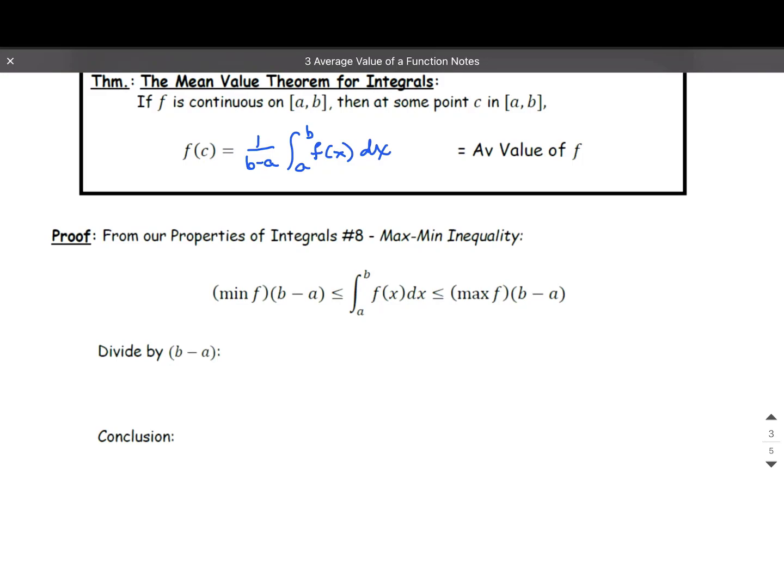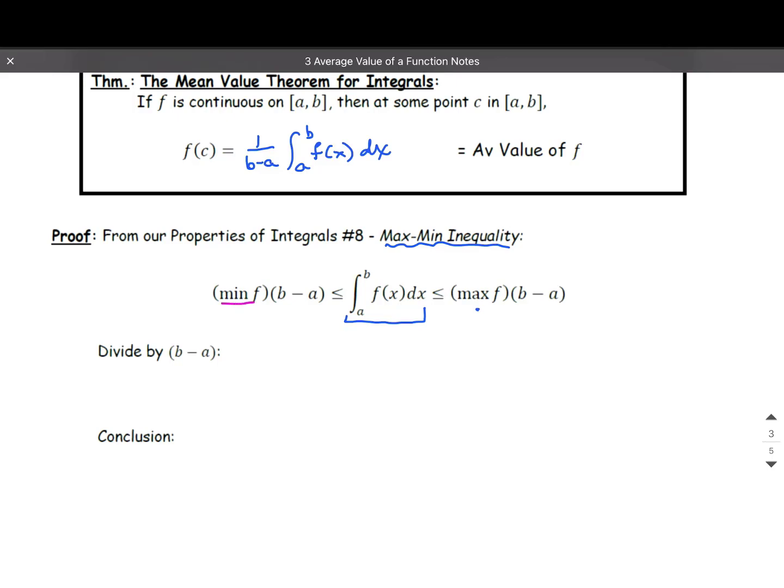Remember our properties from integrals. We had the max-min inequality, which said that the integral from a to b of f of x dx is trapped between the minimum of f times the length of the interval b minus a and the maximum of f times the length of the interval b minus a.